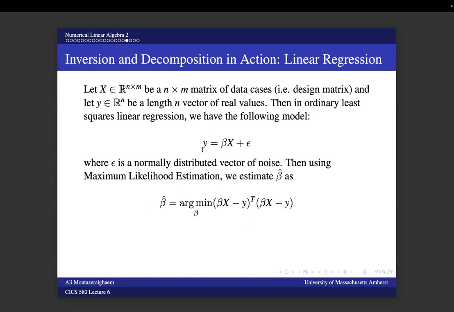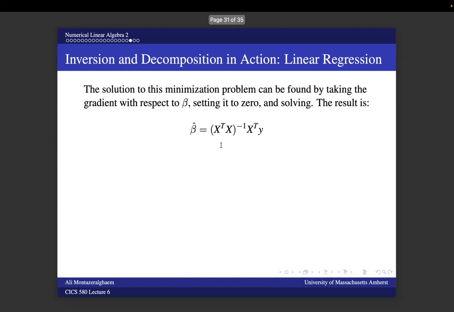Here you just need to keep in mind that the goal is to find a relation between x and y, which is beta, because we can multiply beta by x to calculate y.